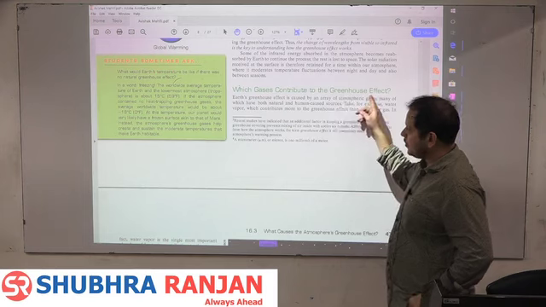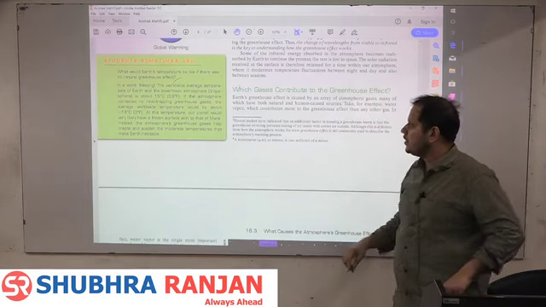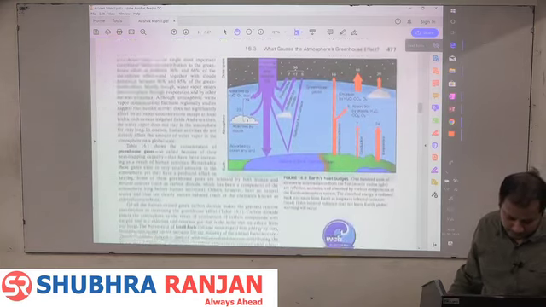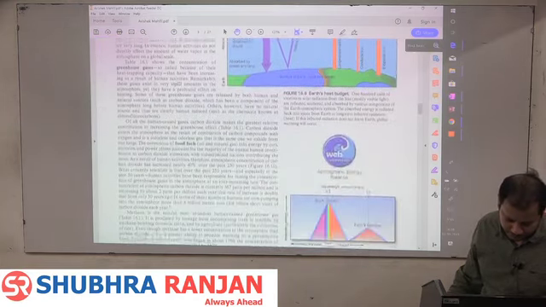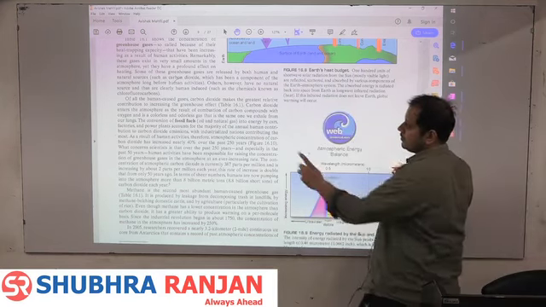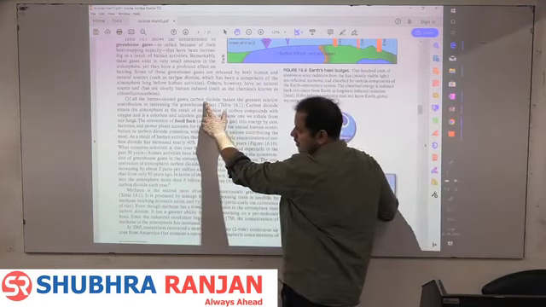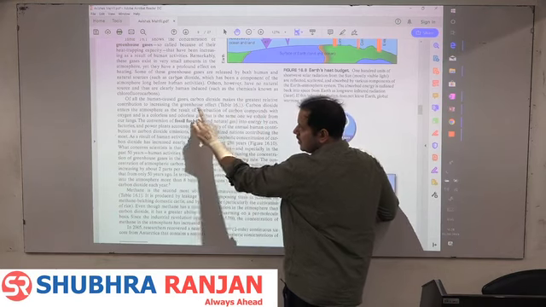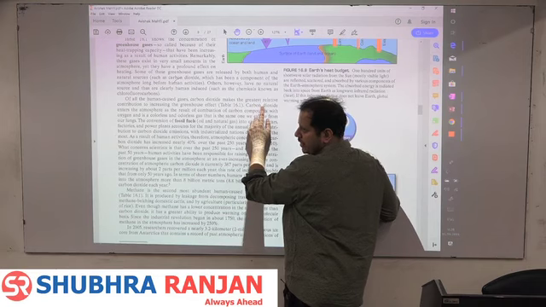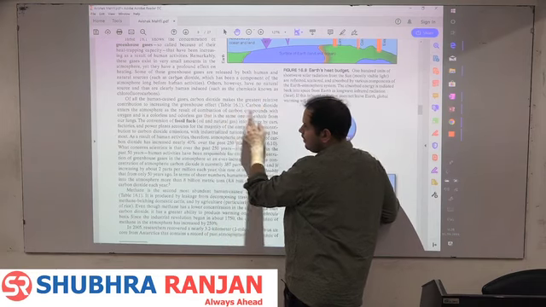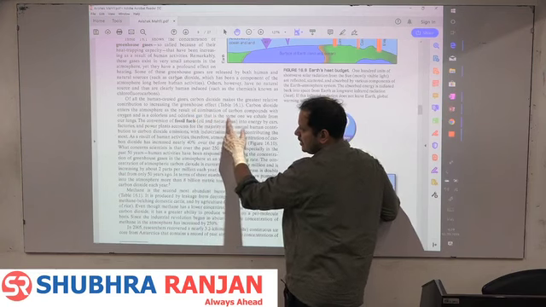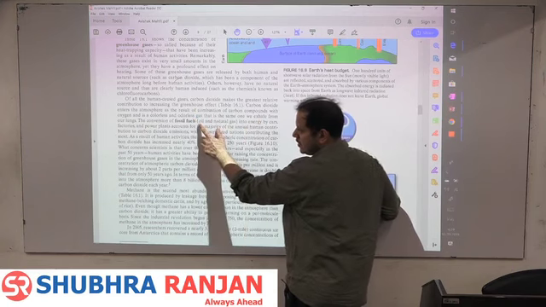Which gases contribute to the greenhouse effect? Of all the human caused gases, carbon dioxide makes the greatest relative contribution in increasing the greenhouse effect. Carbon dioxide enters the atmosphere as a result of combustion of carbon compounds with oxygen, is a colorless, odorless gas that is the same one we exhale from our lungs.